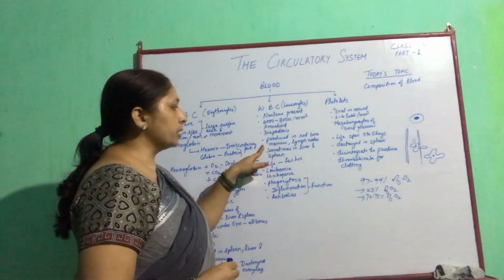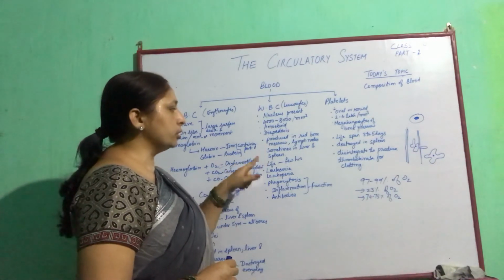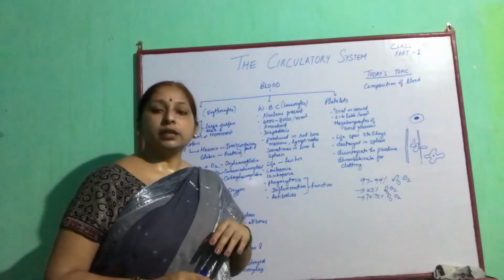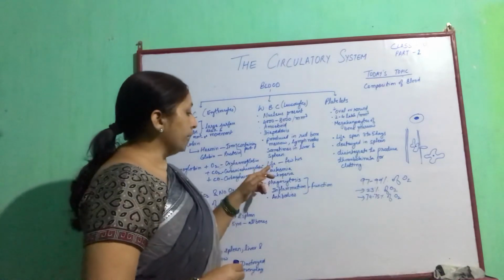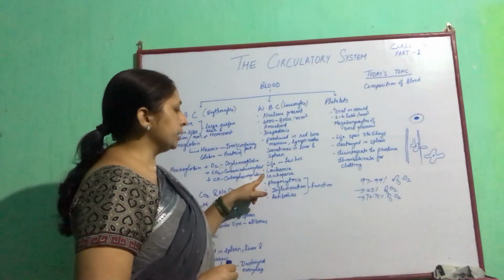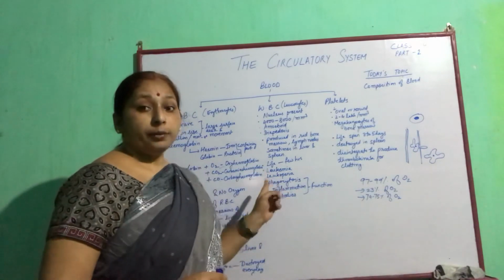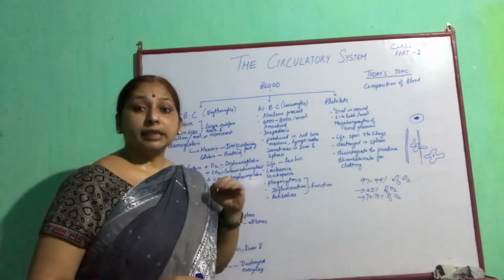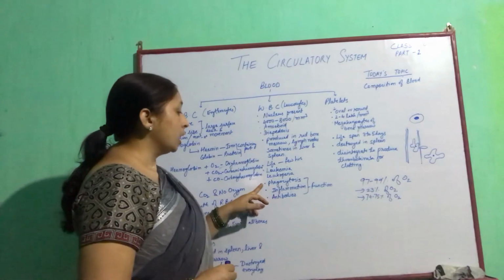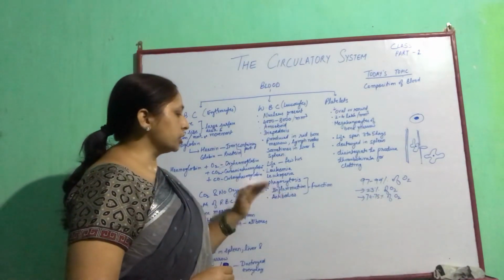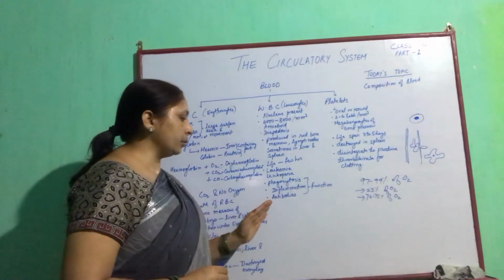It is produced in red bone marrow and lymph nodes. Sometimes it is present in liver and spleen also. Lifespan is of few hours. Diseases are leukemia, abnormal increase in WBC, and leukopenia, abnormal decrease in WBC. The functions are phagocytosis, inflammation, antibodies.